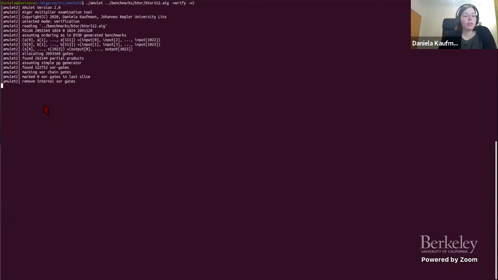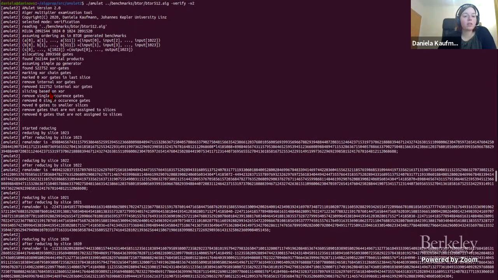So we see here how many variables were eliminated from internal XOR gates. We see that more than 500,000 of these nodes were eliminated. And after the pre-processing is finished, we start reducing, as we do the slice-wise reduction.